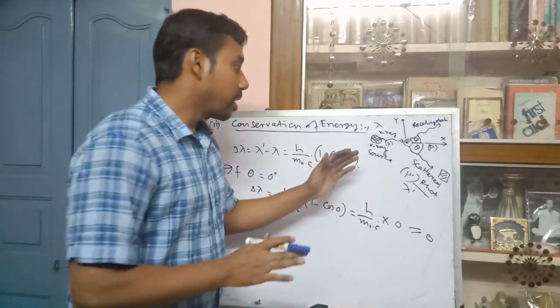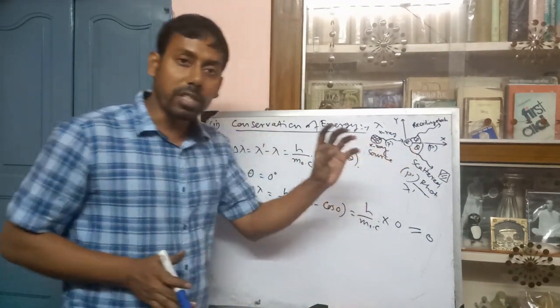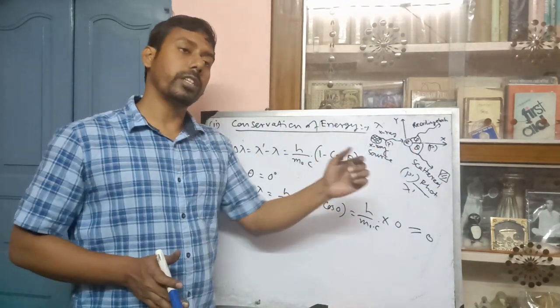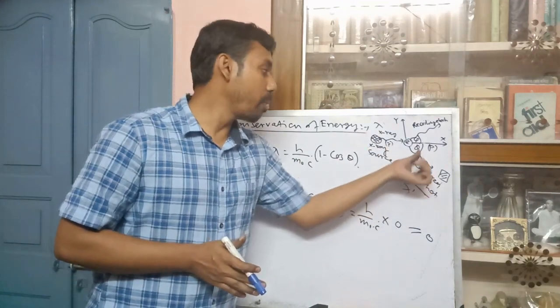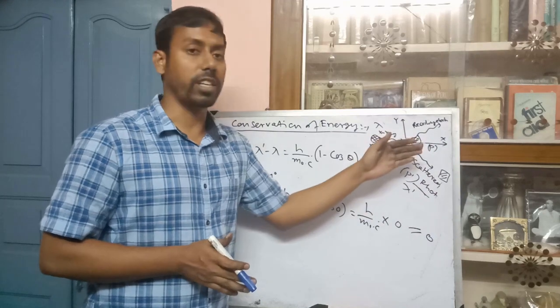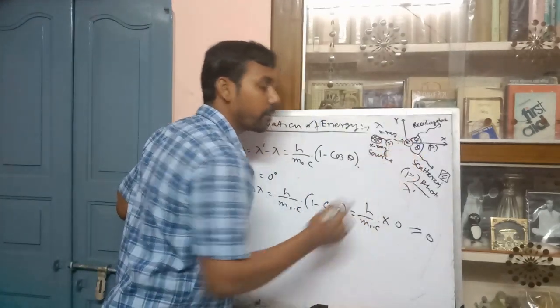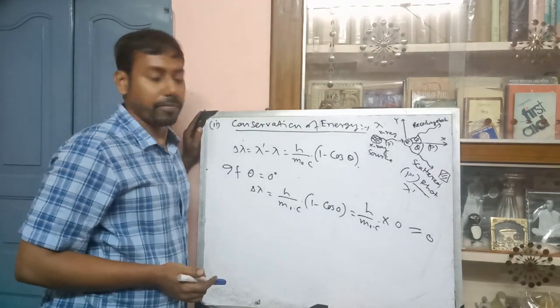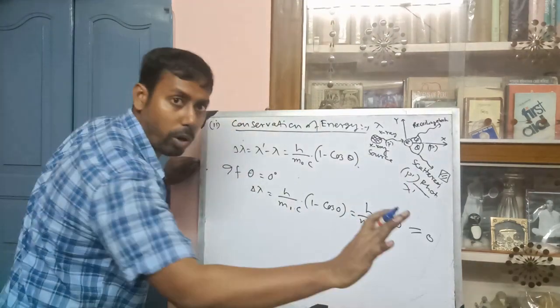That means the Compton shift does not depend on the intensity of the incident radiation. It depends only on the angle of the scattered radiation. So at theta equal to 0, there will be no Compton shift.